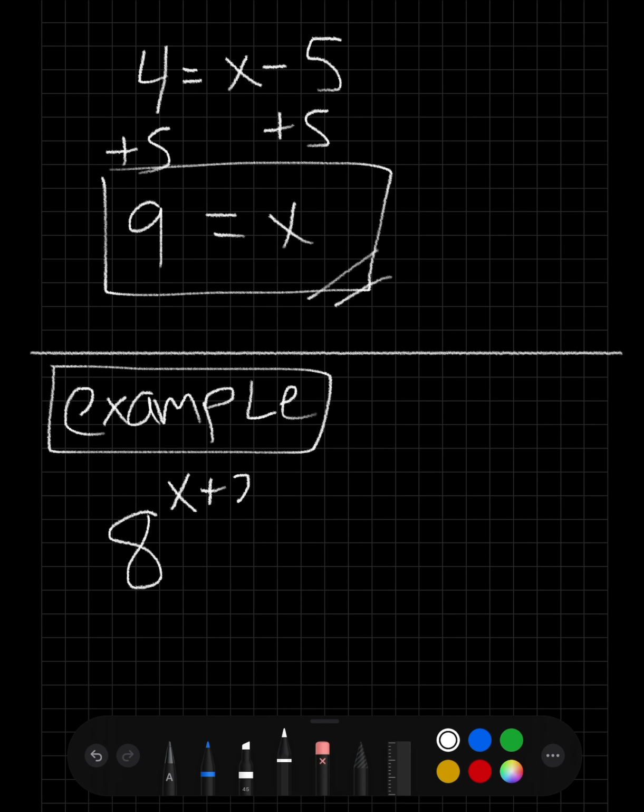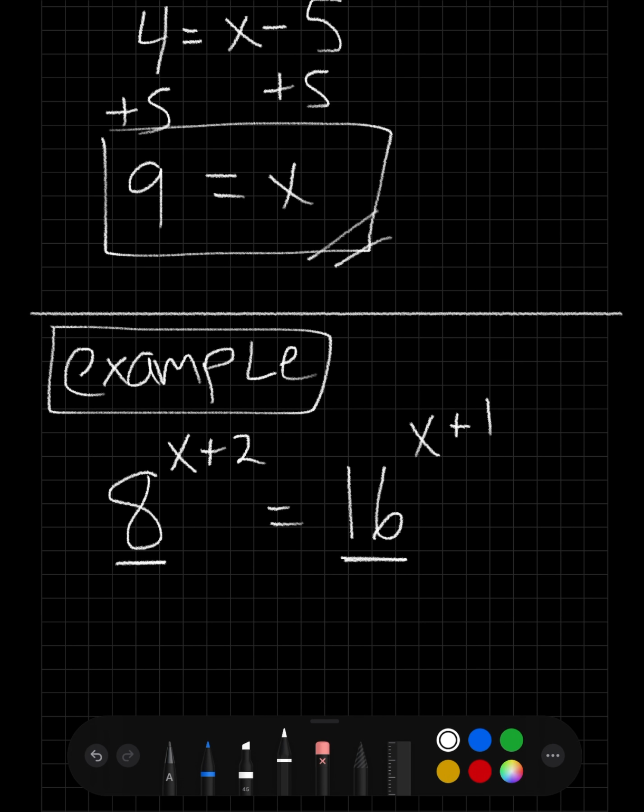Suppose I have 8 to the x plus 2 is equal to 16 to the x plus 1. So let's say I started out the same way as I did before. I said, okay, well, 16 is bigger. These are not the same. I'm going to have to look and see if I can write the same base.